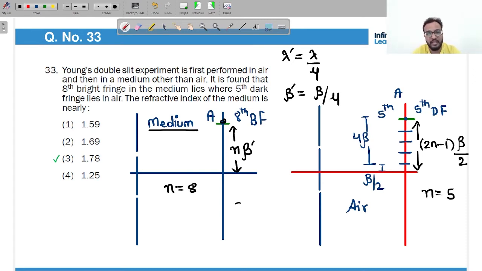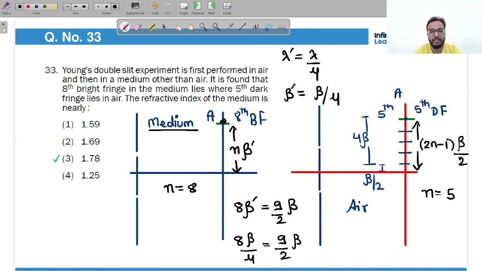So you will say 8 beta dash is equal to, put 5 here, 2 into 5, 10 minus 1, 9 by 2 beta. Now what is beta dash? It is beta upon mu, equal to 9 by 2 beta.